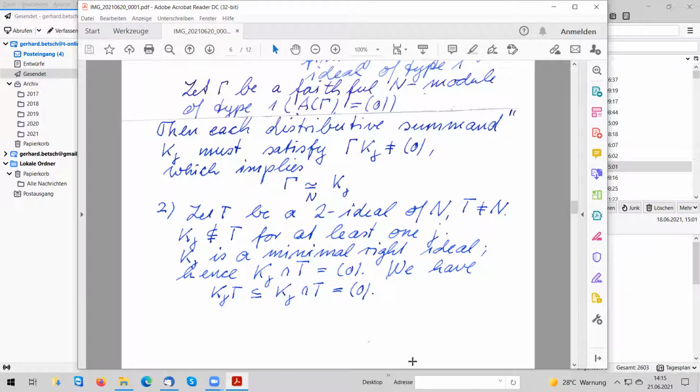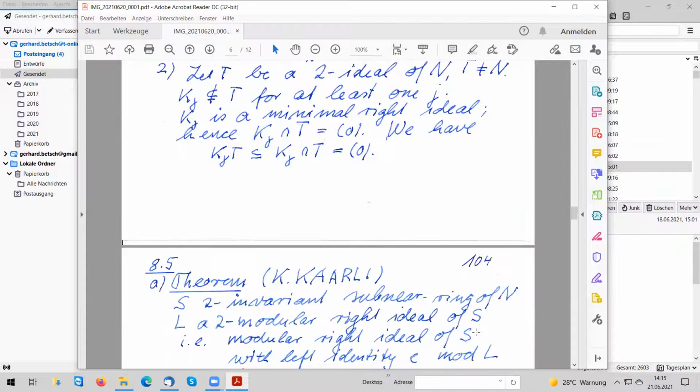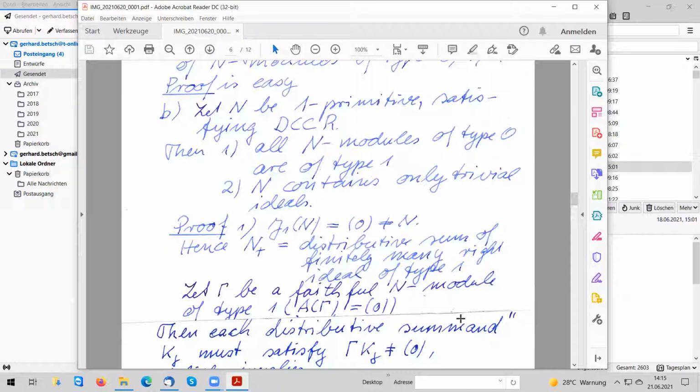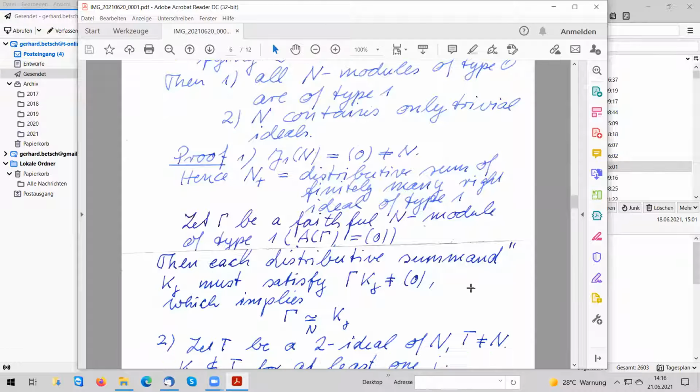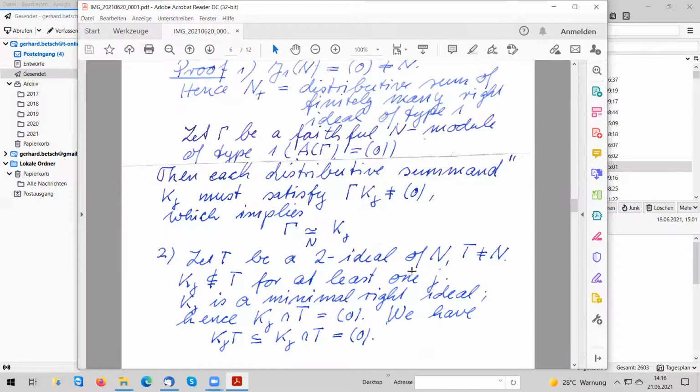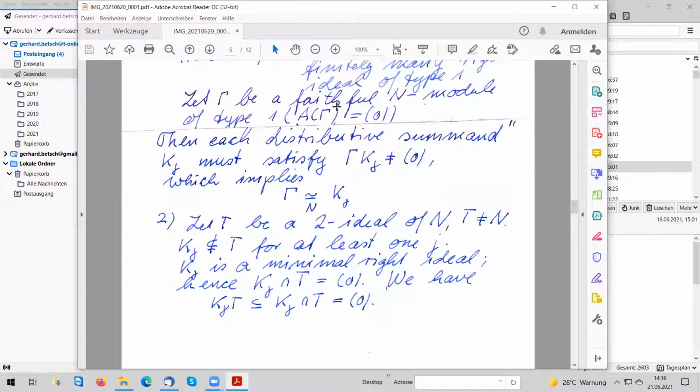Hence Kj intersection T must be 0. Hence we have Kj times T is contained in Kj and T, which is 0. That means T must be 0.